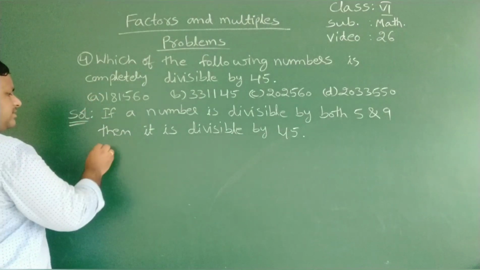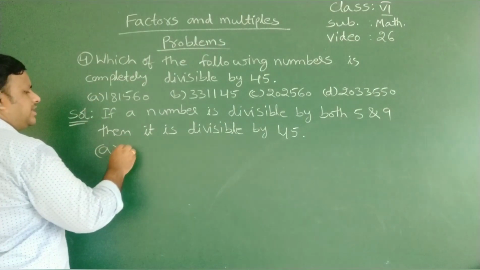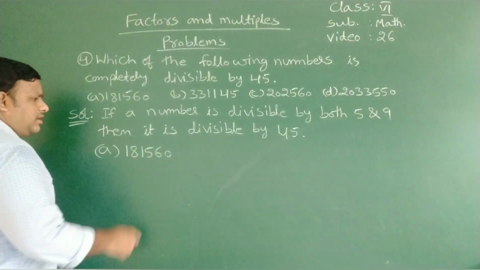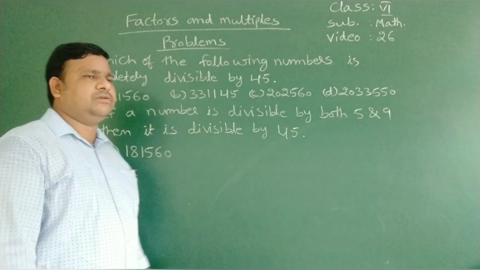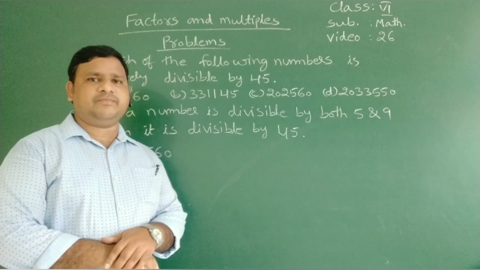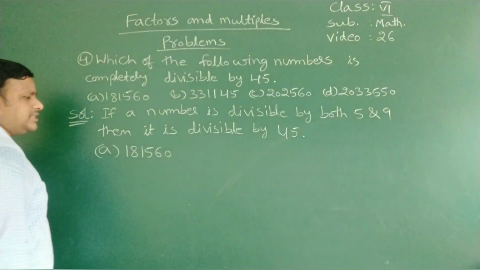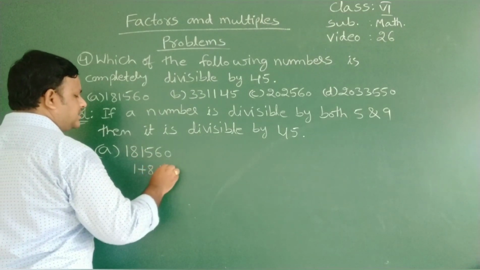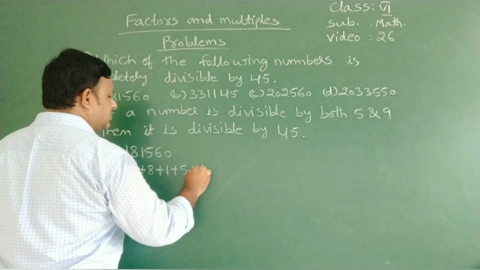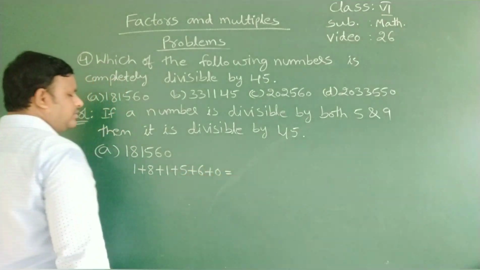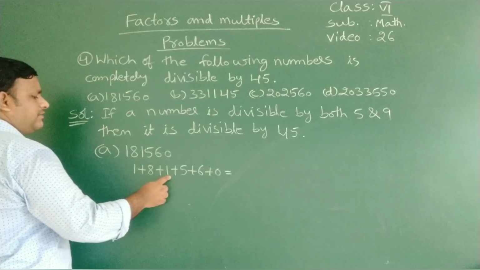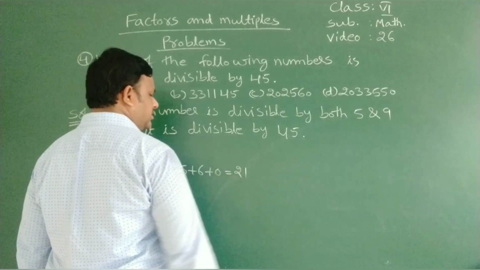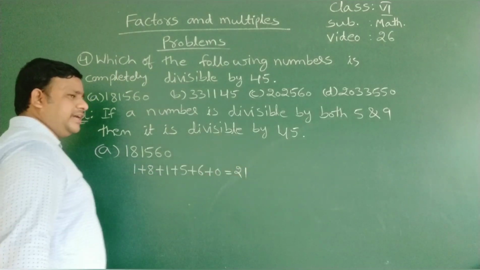So the first number is 181560. Units place is 0, so of course that number is divisible by 5. Next we have to check the sum of digits only. 1 plus 8 plus 1 plus 5 plus 6 plus 0 is equal to how much? 6, 7, 12, 20, 21. 21 this is, which is not a multiple of 9.